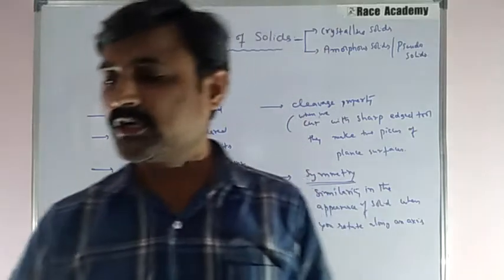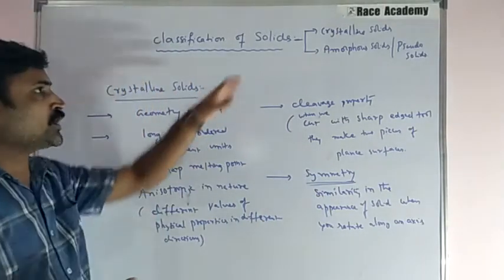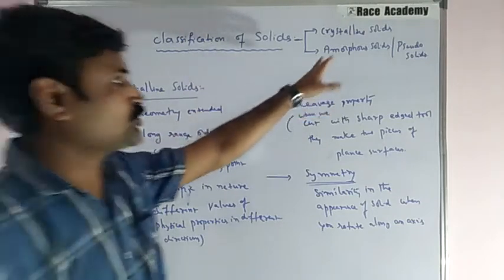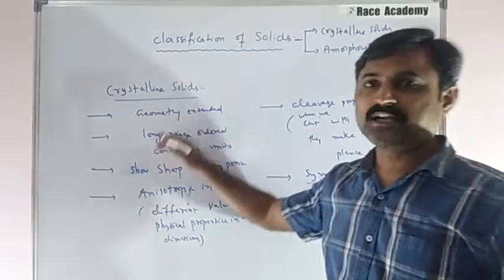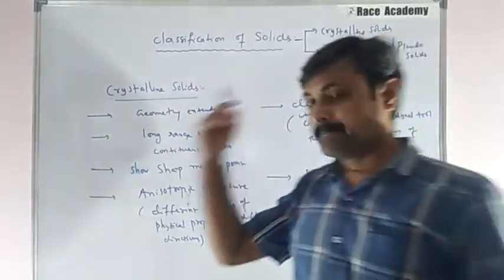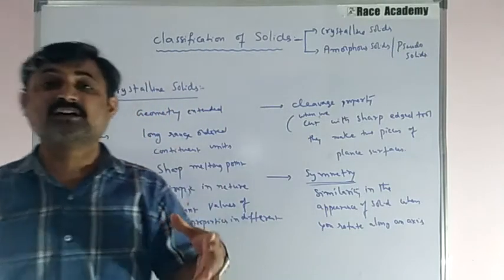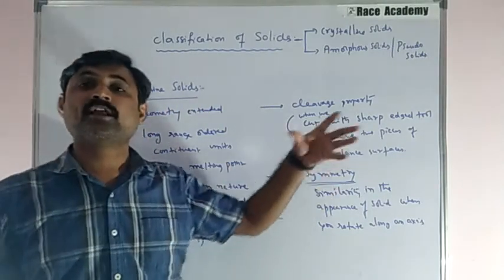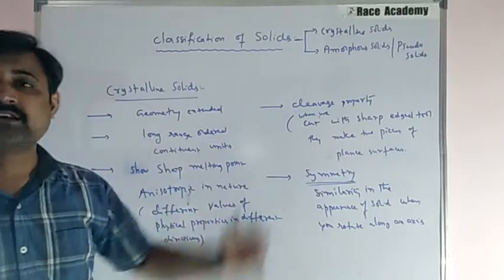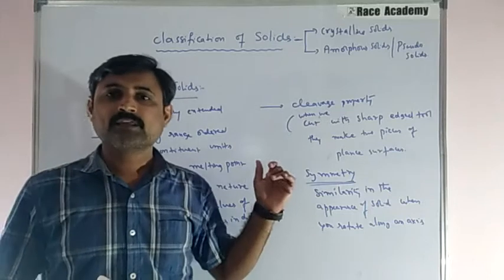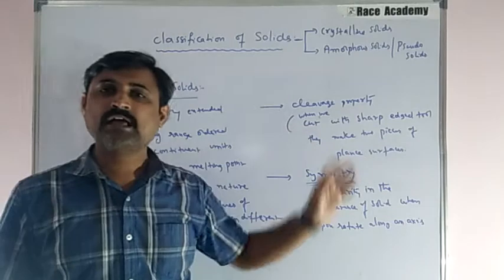Now talking about the second important class in the classification of solids, amorphous solids, also known as pseudo solids. Hope you understand crystalline solids: what crystalline means, and how we can see a crystalline substance in a two-dimensional or three-dimensional manner. If you see the crystalline solids, we will have complete clarity about the interior parts of the crystal.